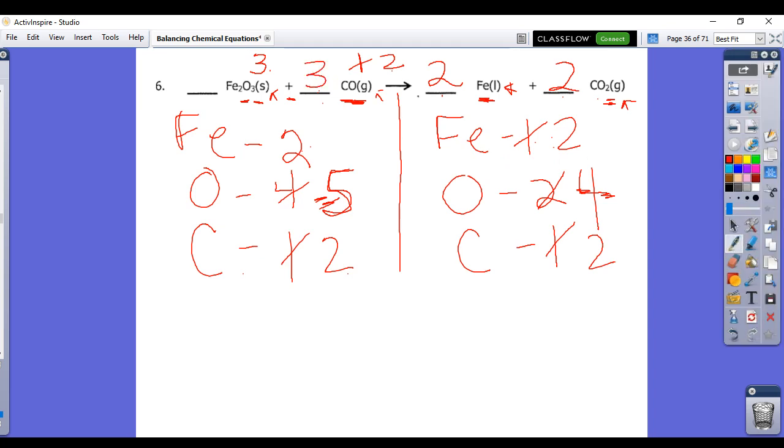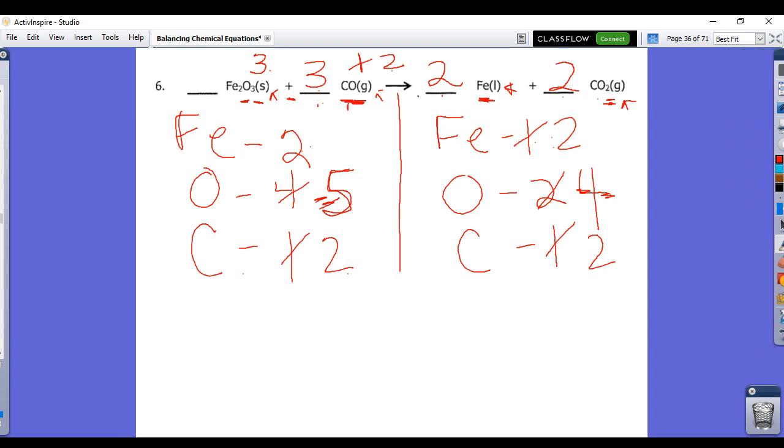So I put a 3. So 3 times 1 carbon is now 3. 3 times 1 oxygen is now 3. So 3 plus the 3 gives me 6 oxygens. Yeah, so there's 3 still for the carbon.